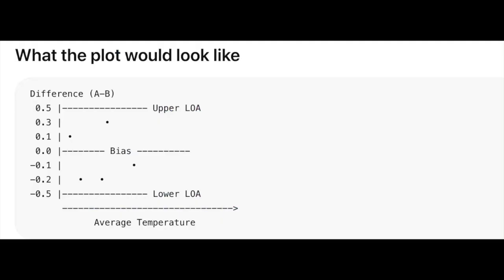When it does this, what you get is the bias, and the bias is the mean difference. This is the average systematic difference between two methods, and this should ideally be close to zero, meaning there should be no difference if you want to be able to use those two methods or techniques interchangeably.